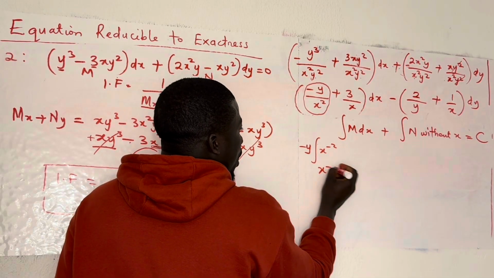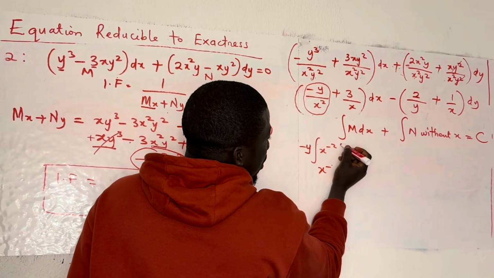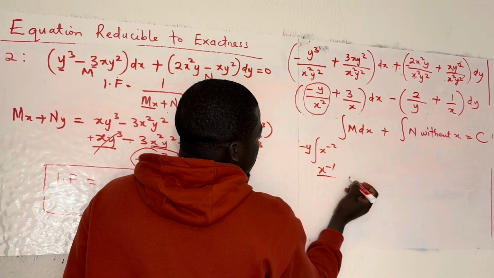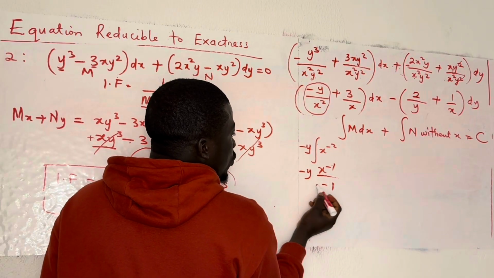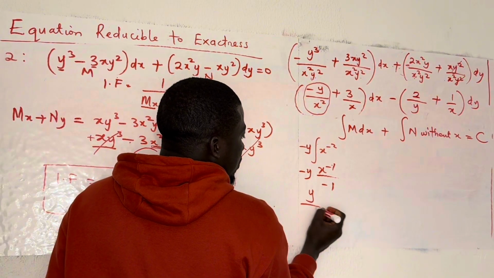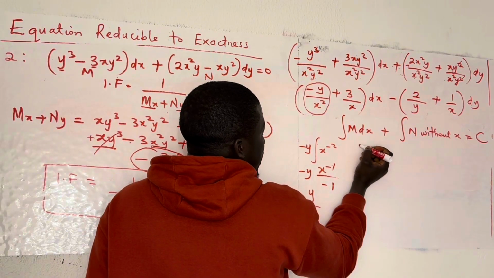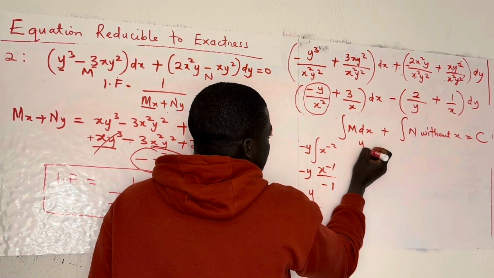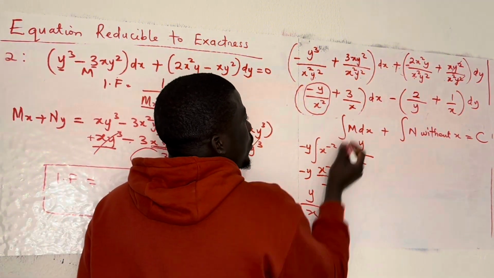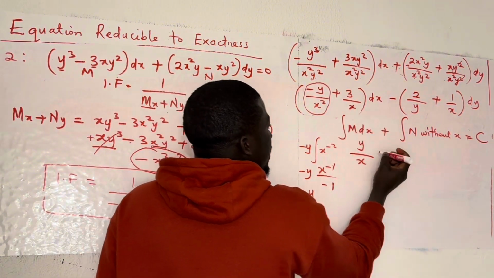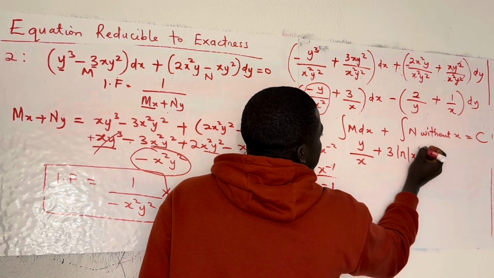That will be x raised to power minus 1 divided by minus 1. Don't forget we have minus y outside, and this will be y divided by x. Now, if we integrate this with respect to x again, we have plus 3 ln x.